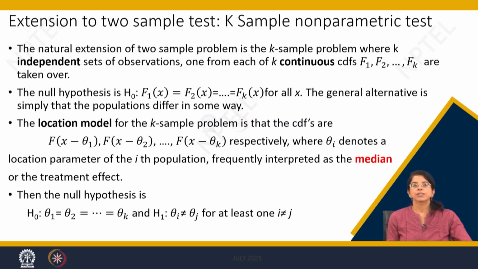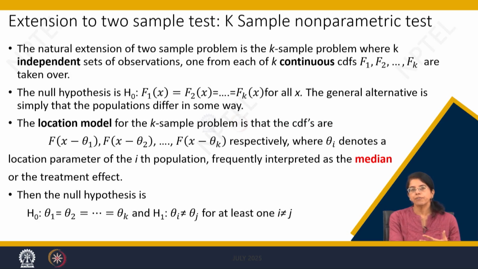Clear? So, the location model for the k sample problem is that the CDFs are F(x - theta 1), F(x - theta 2) and F(x - theta k). So, theta 1, theta 2, theta k are the location parameters for these k populations respectively. Frequently, theta 1, theta 2, theta k are taken as the medians of these k populations.